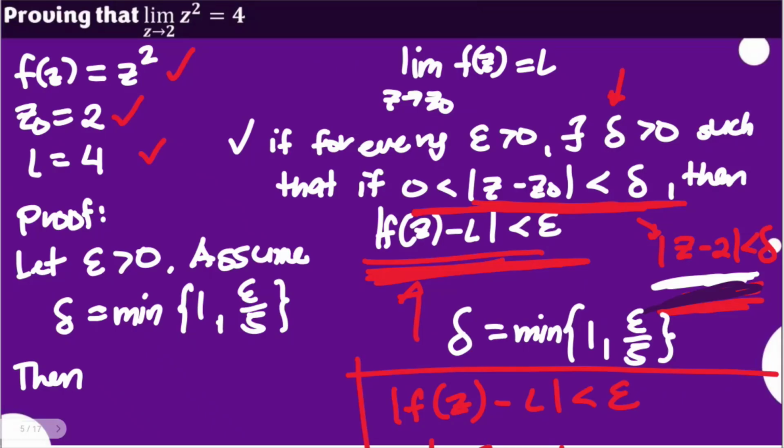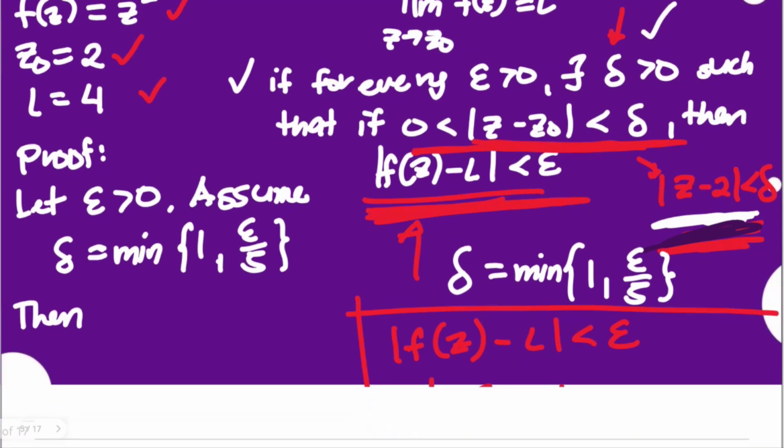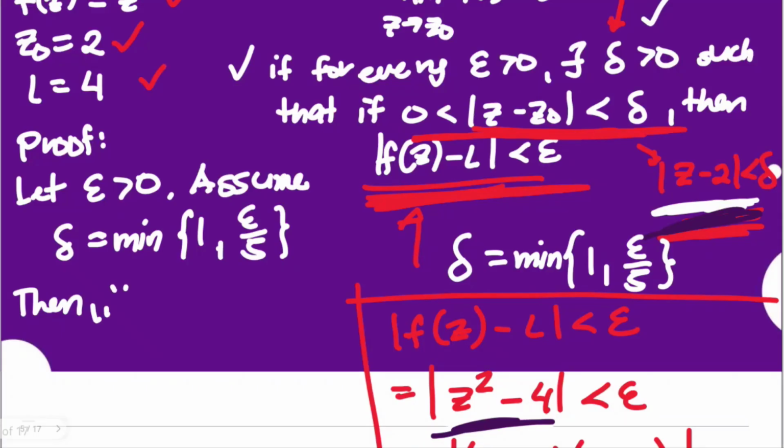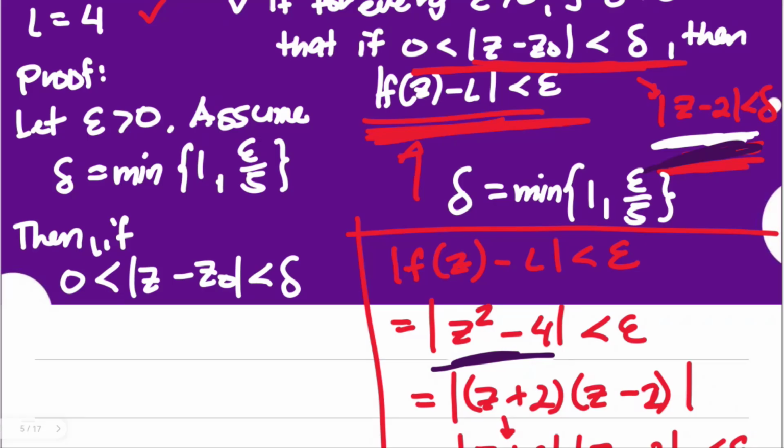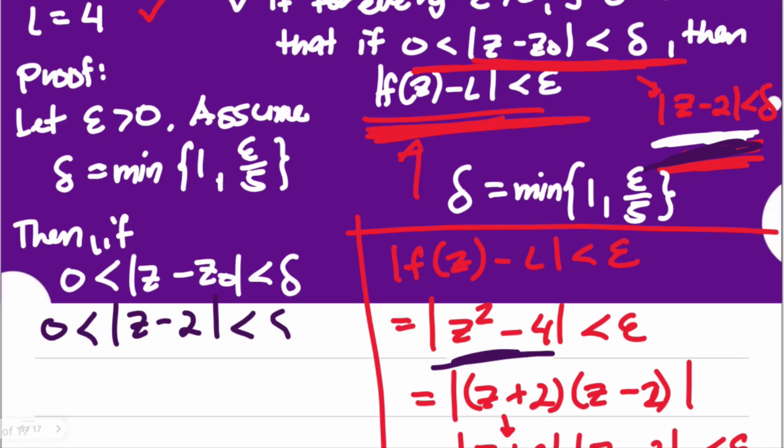And since there exists a delta and we have shown the delta, we can now invoke this statement: if 0 less than absolute value of z minus z sub 0 is less than delta, or in this case, 0 less than absolute value of z minus 2 is less than your delta, and your delta could take either of these two values.